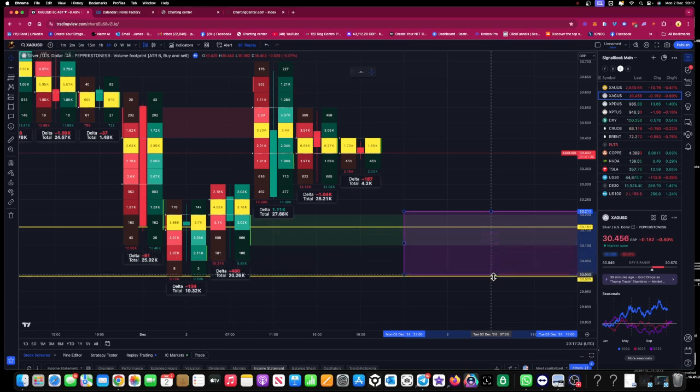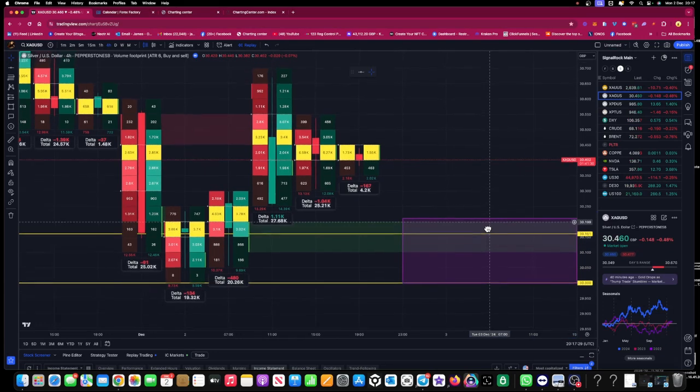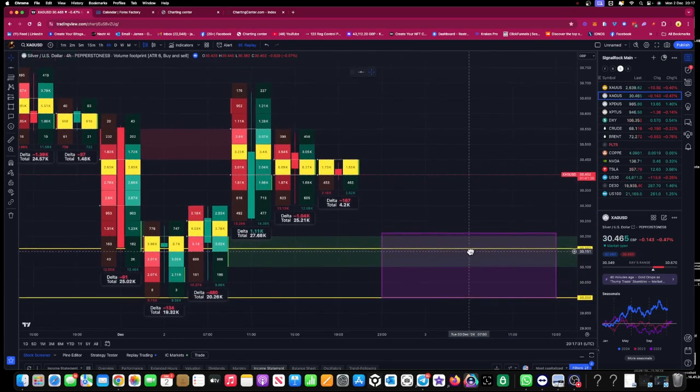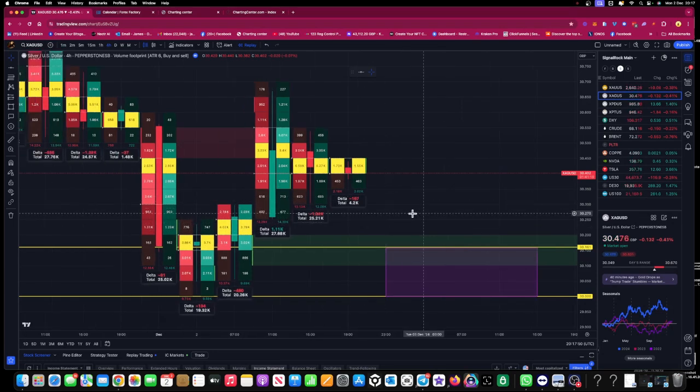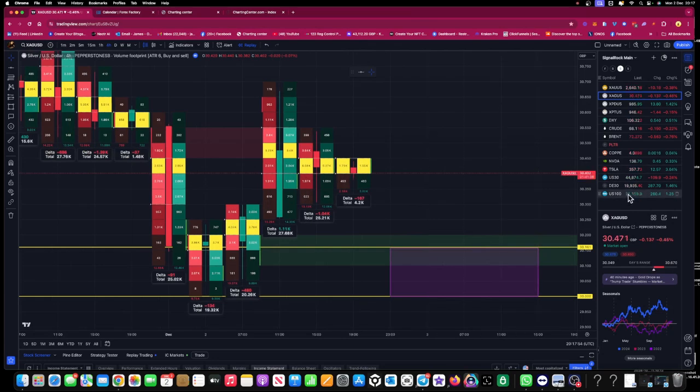It's probably going to be this area of support that I'm looking at. Get lower prices, even better. But I'll be looking in that range there to potentially be buying, or at least starting my analysis on a buy there with silver. Okay.